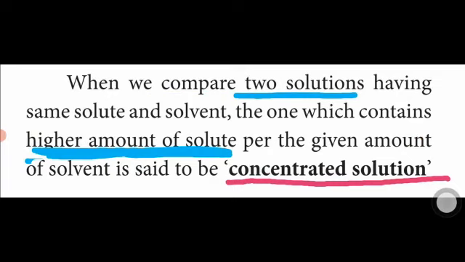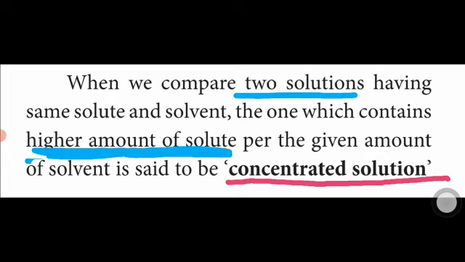When we compare two solutions having the same solid and the same solvent, the one which contains a higher amount of solid per given amount of solvent is said to be the concentrated solution.